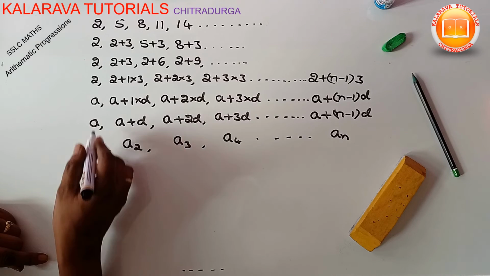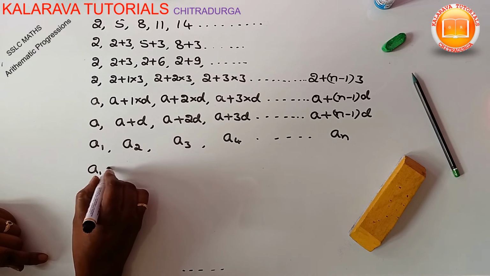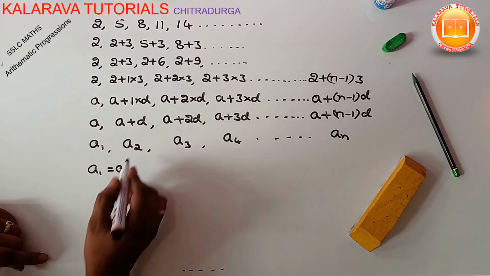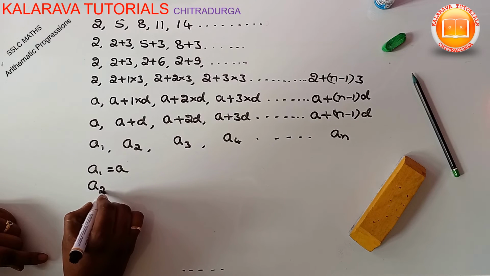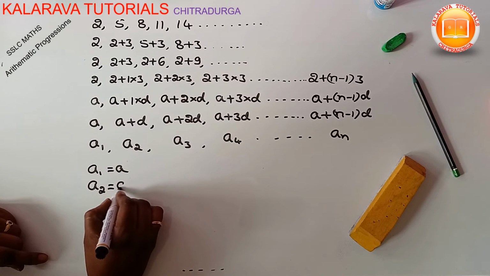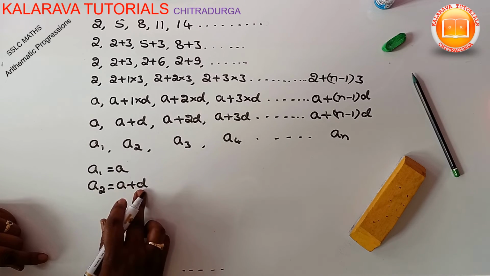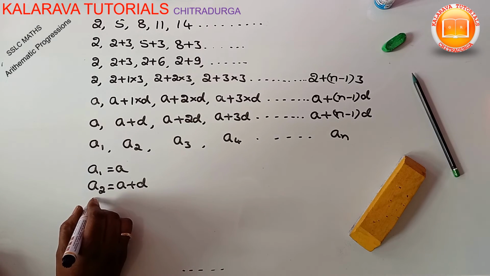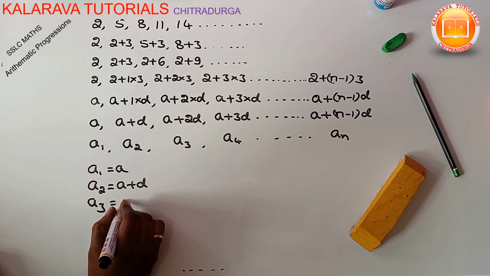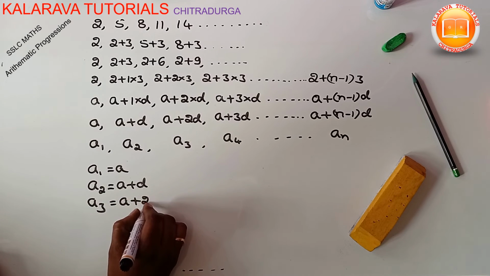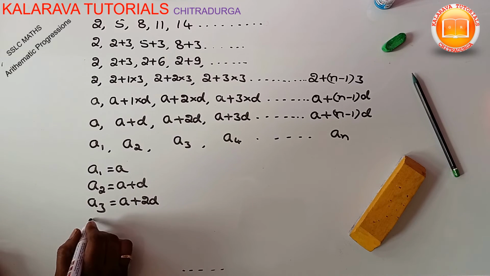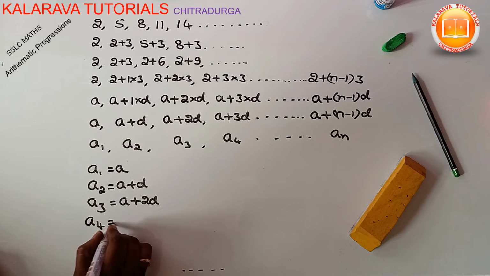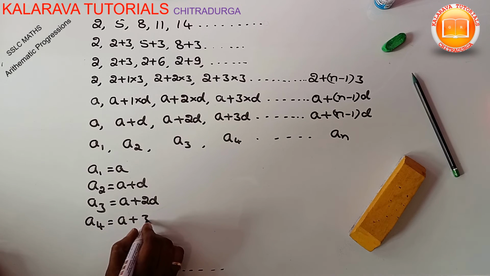For the first term, a1 is equal to a. For a2 we write a plus only 1d. For the third term, a3 is equal to a plus 2d, and a4 is equal to a plus 3d.